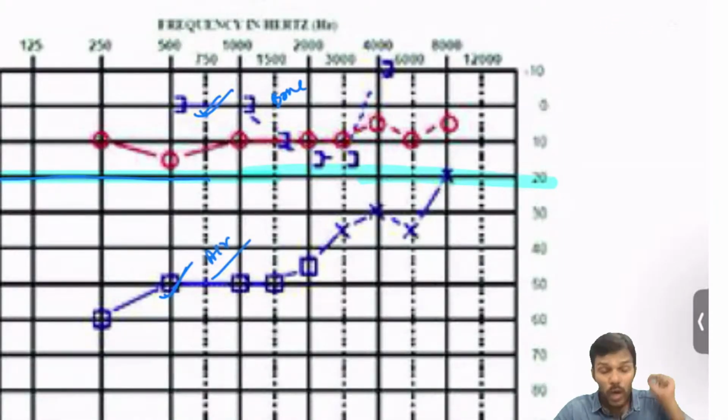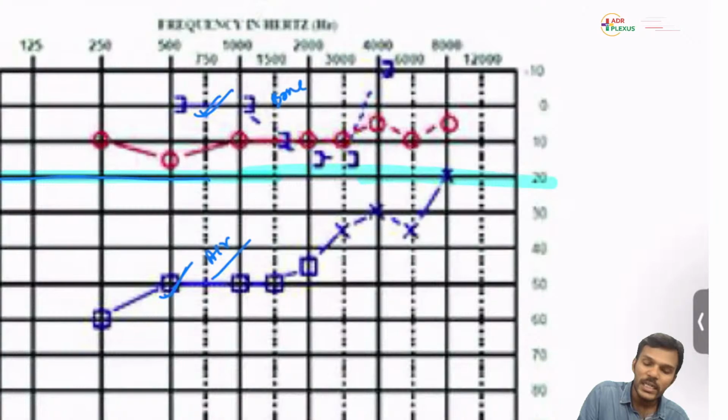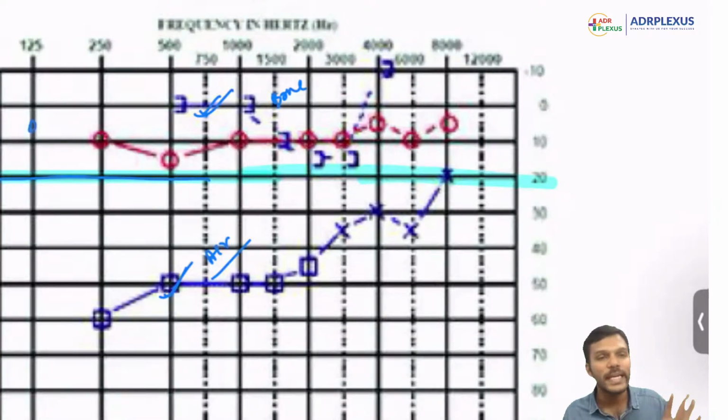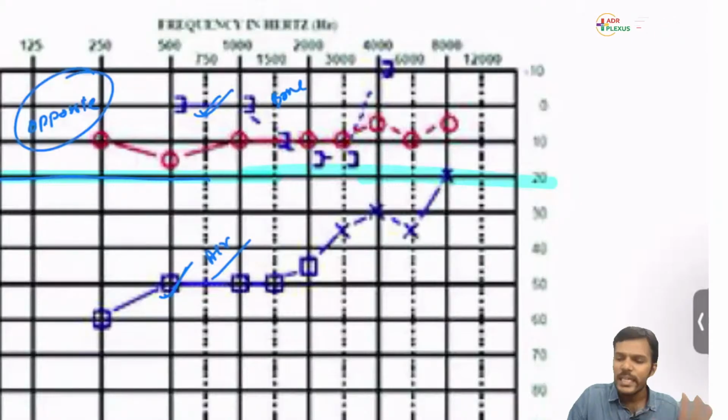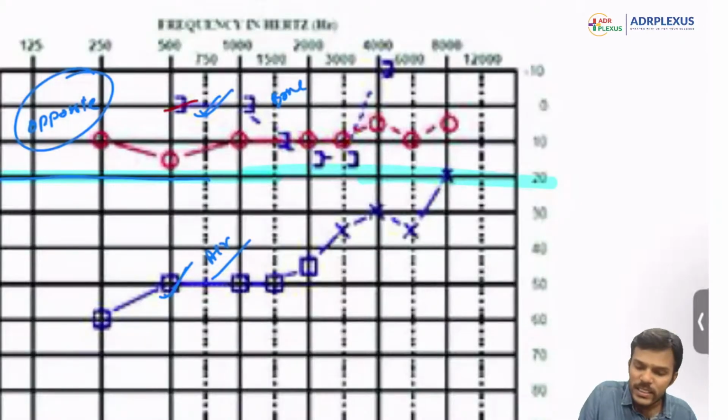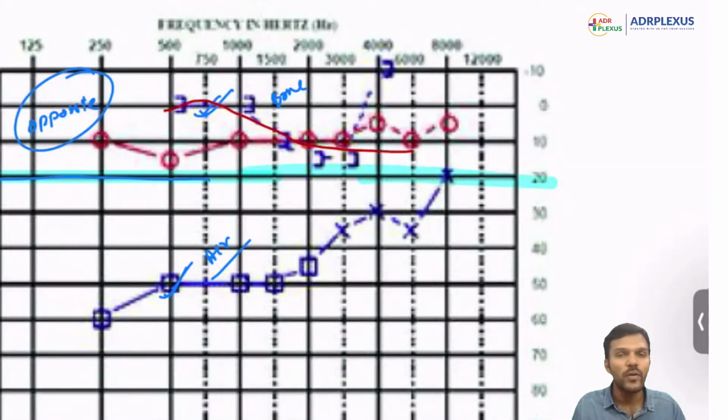But you are not finding any bone conduction curve for the opposite normal side. Please don't take it as a printing mistake or examiner's mistake. It means that you could use it as common for both the ears.